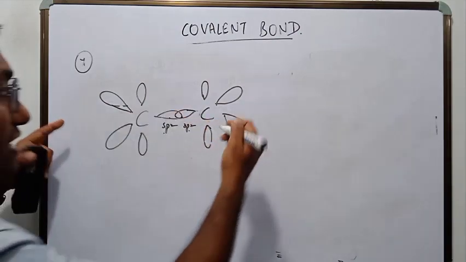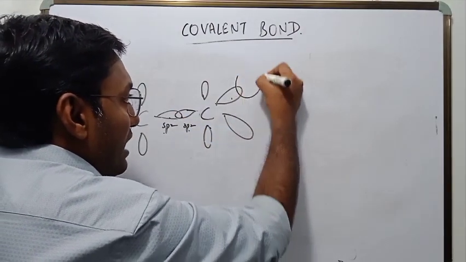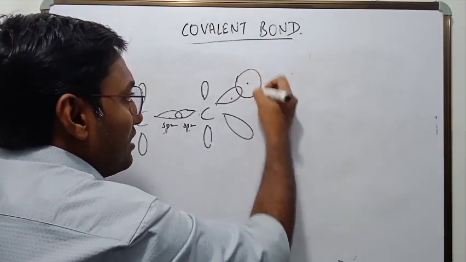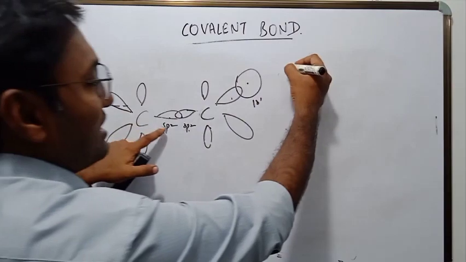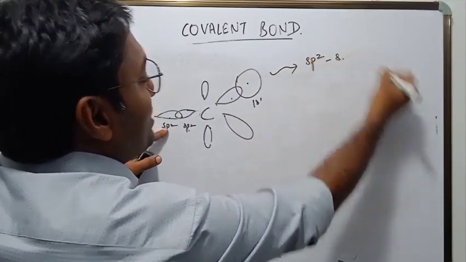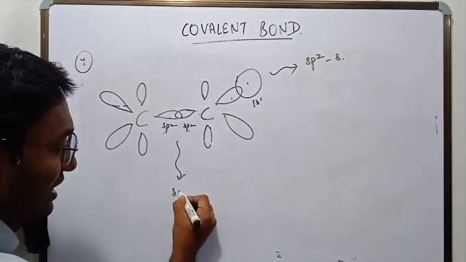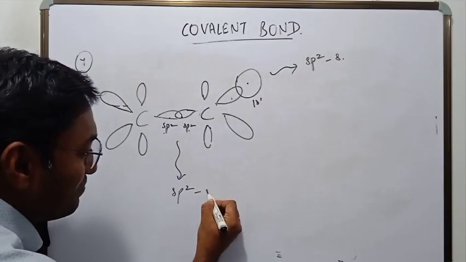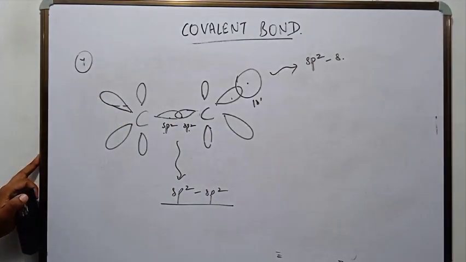It can also occur between the sp2 hybrid orbital of carbon and the s orbital of hydrogen. So this is an example of head-on overlap, sp2 and s orbital overlap. All these are examples of head-on overlaps.